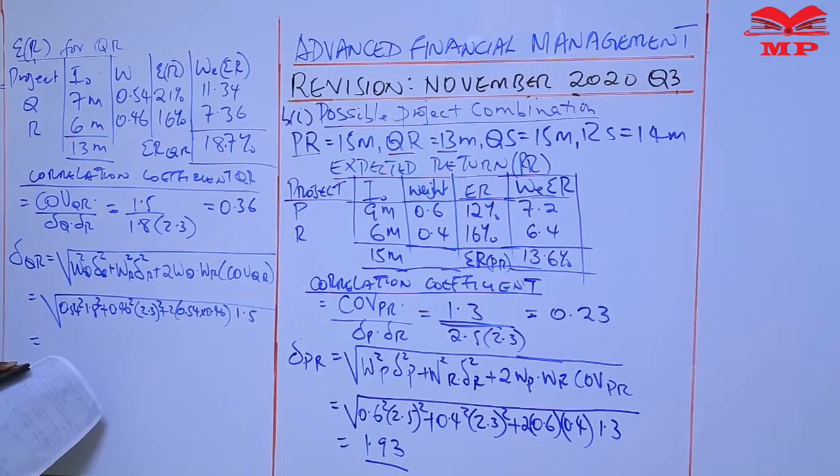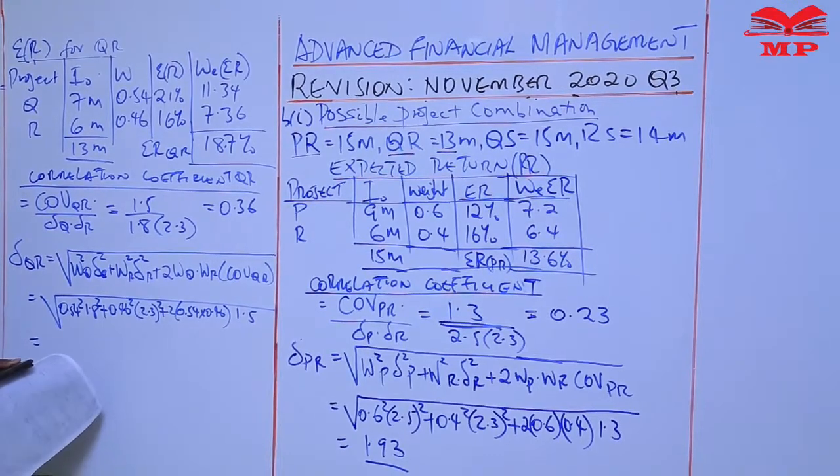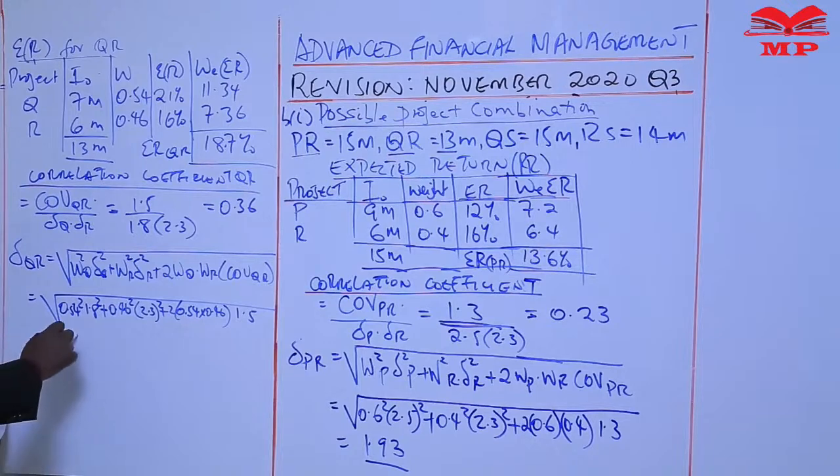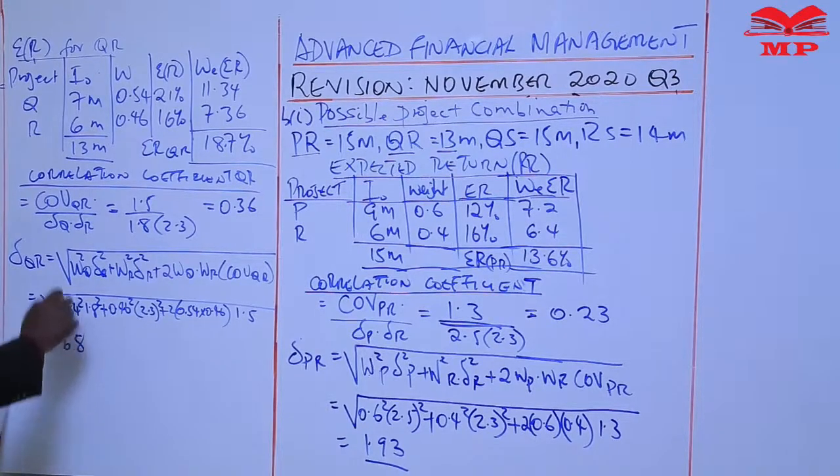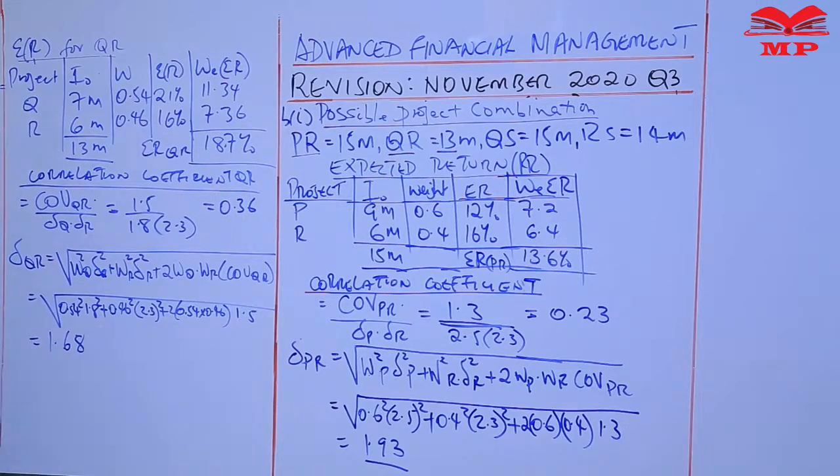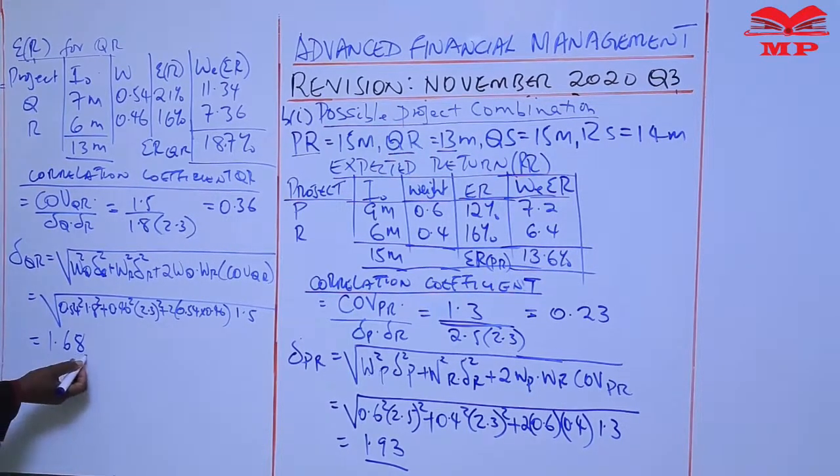Then we take the square root. This is equal to 1.68. 1.68 is the standard deviation.